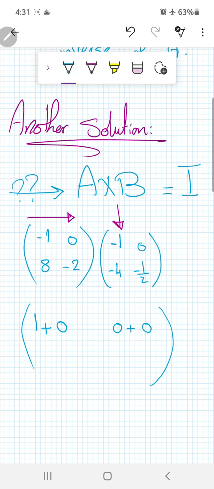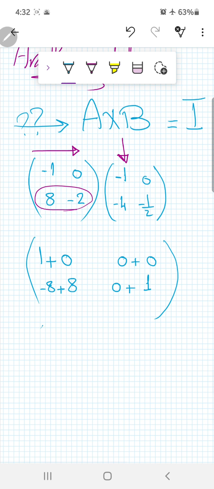Okay, let's take the second row. Here, 8 times -1 will be -8, plus -2 times -4, which is 8. Second column: 8 times 0 is 0, plus -2 times -half, which is 1.